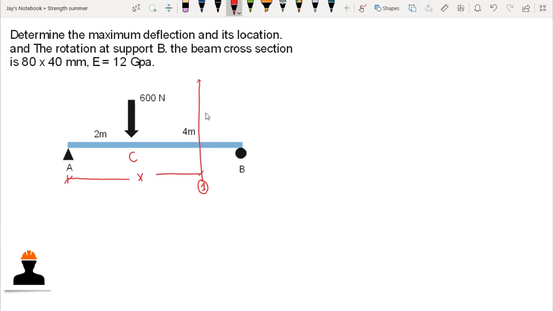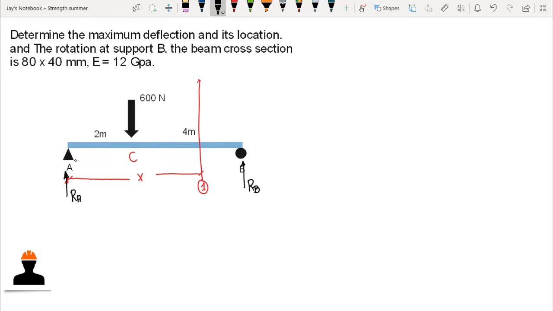Before we can compute our moment equation and shear equation, we need to compute our reactions first. Since this is a hinge, we would have two reactions at that point, but since we do not have horizontal forces in the beam, we only have one reaction at point A. We have RA, and here we have RB.